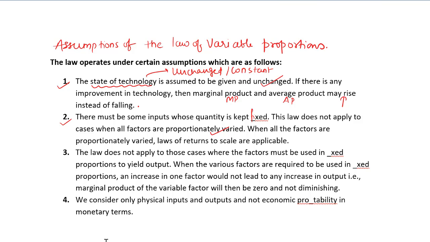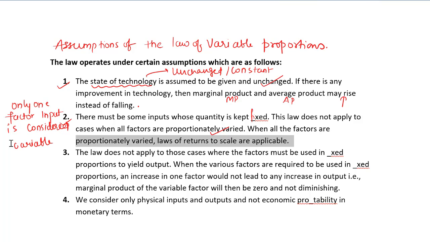So you can say that only one factor input is considered variable. Only one factor input is considered variable. Did you understand? While all the other factors of production are considered fixed.